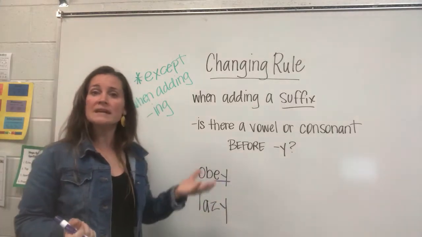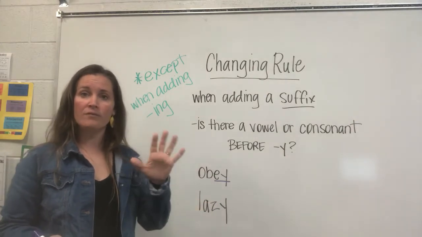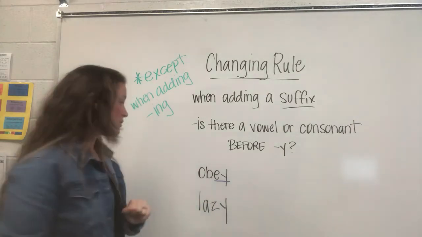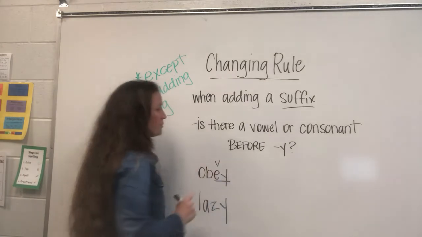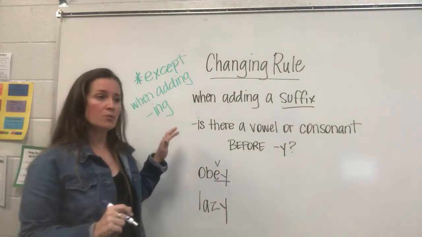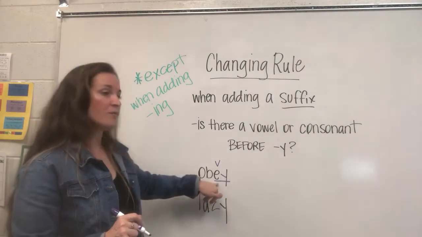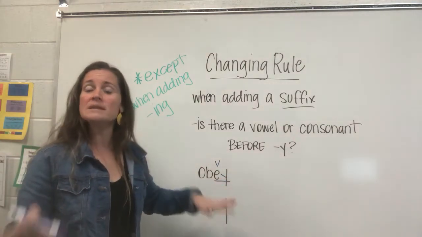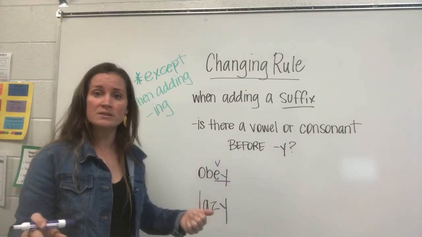Now we know that an E is a vowel, right? We have 5 vowels, A, E, I, O, and U. So this is a vowel before the Y. What we learn in our changing rule is that if there's a vowel before the Y, then all we do is add the suffix to the base word.